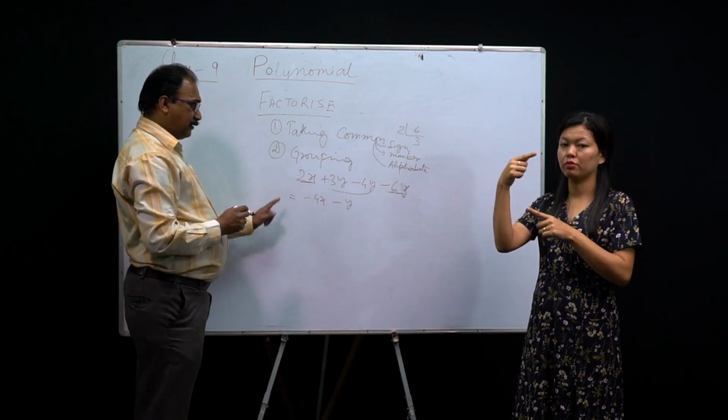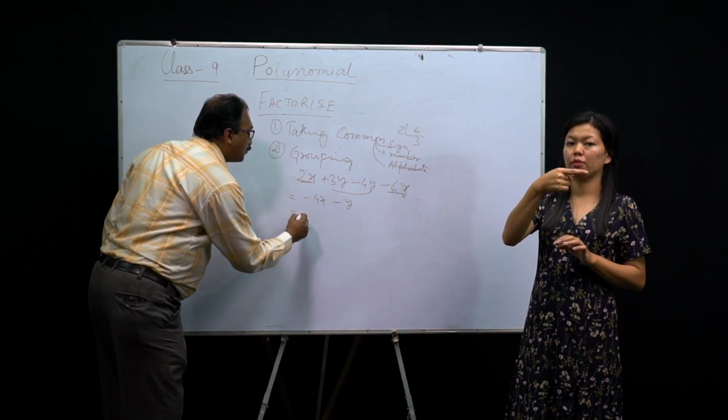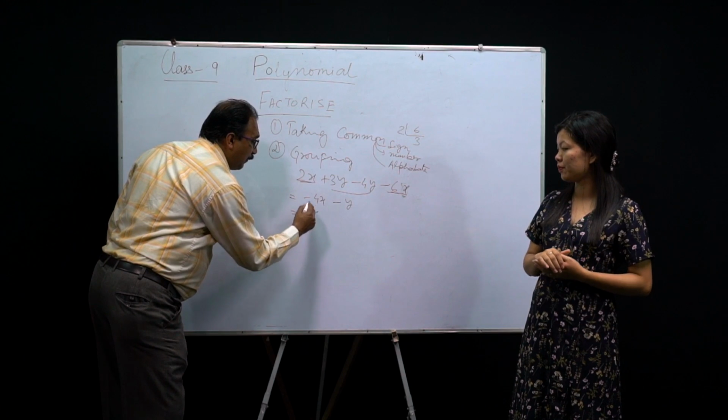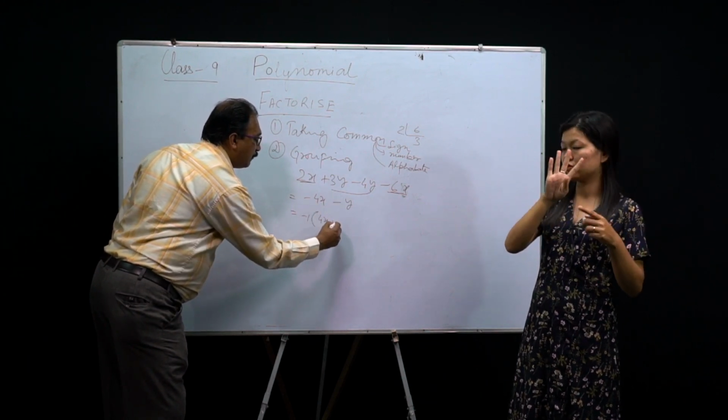And 2x and minus 6x make minus 4x. Now we can take minus common, minus 1. Dividing, minus minus cancel, 4 ones are 4x, minus minus cancel, plus y.